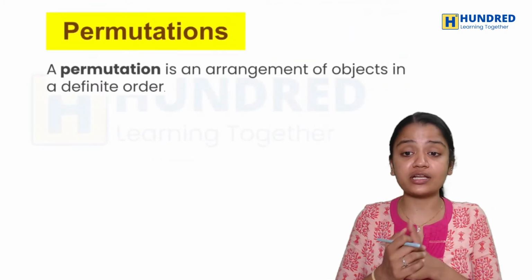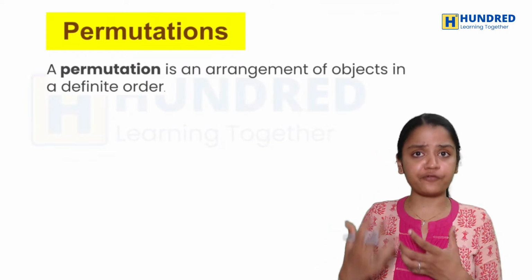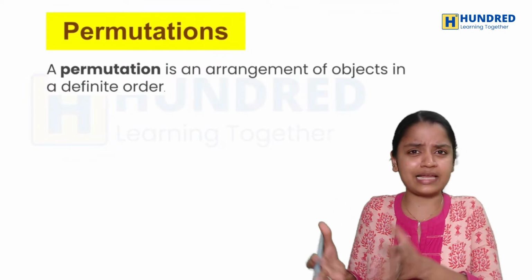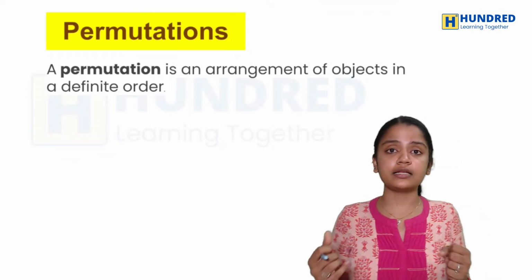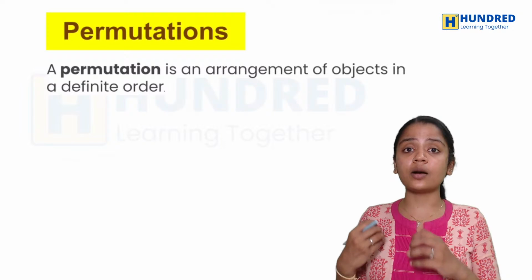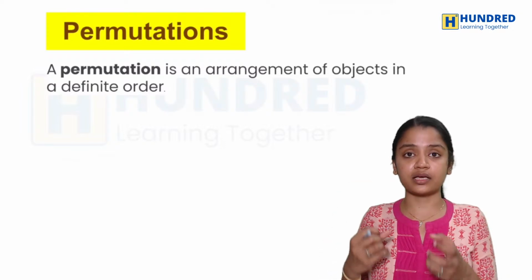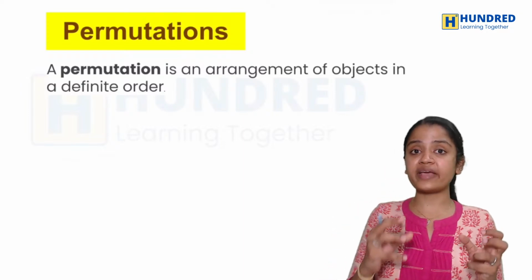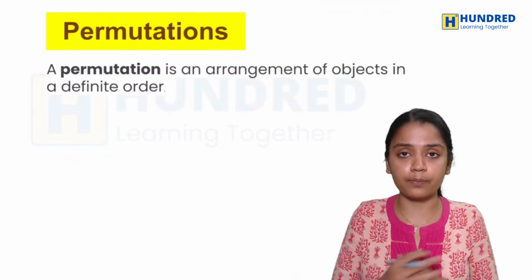Now we'll be starting with what is a permutation. Before going into the definition, let's talk about why you have to learn permutation. For example, if you take a deck of cards and need the probability of getting a king, permutation is involved.